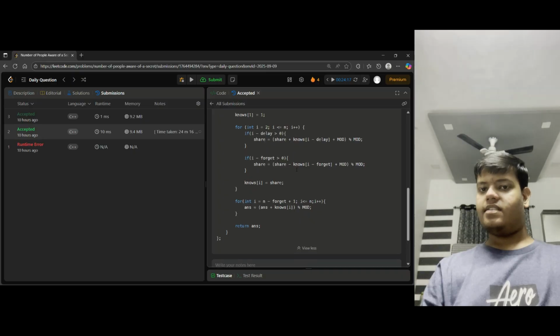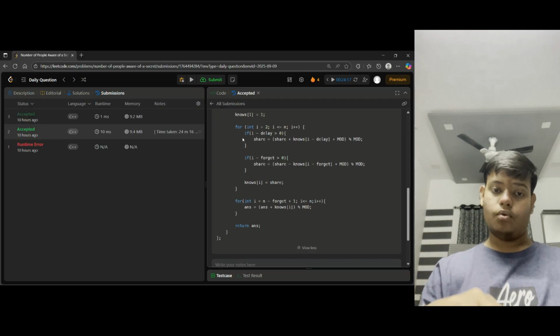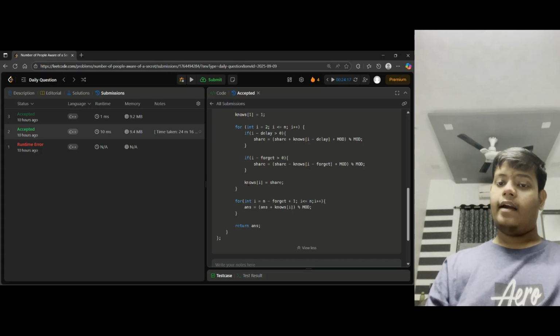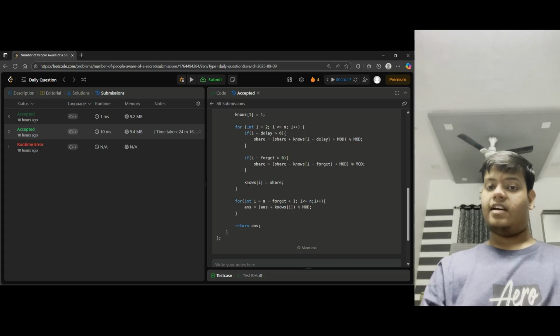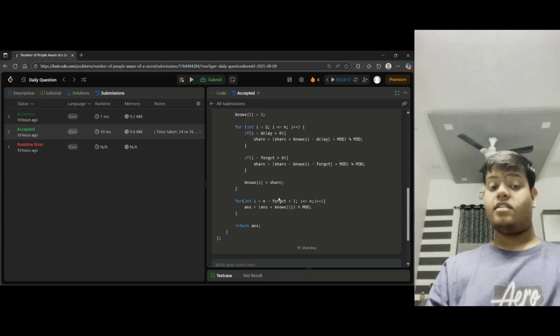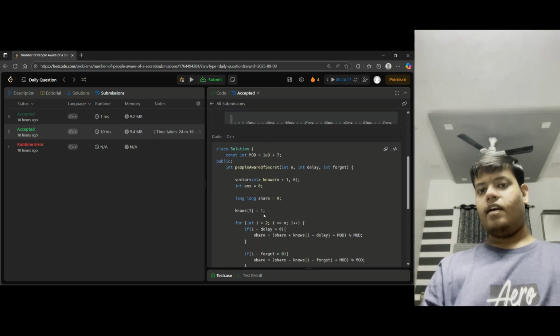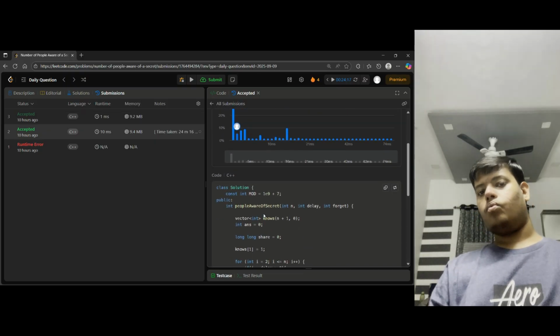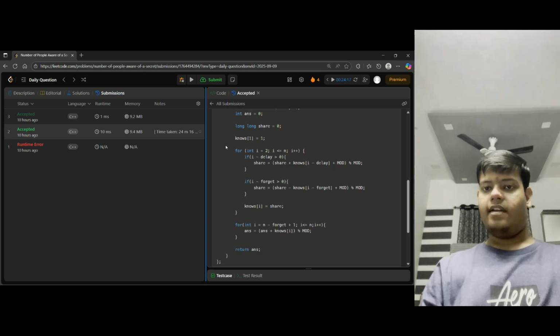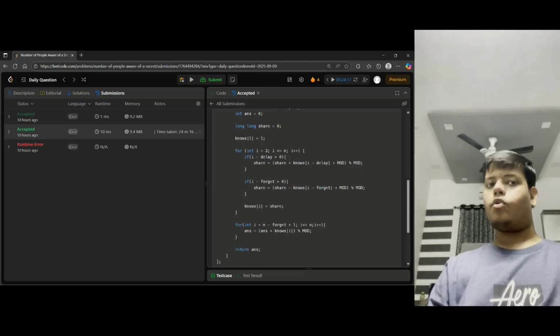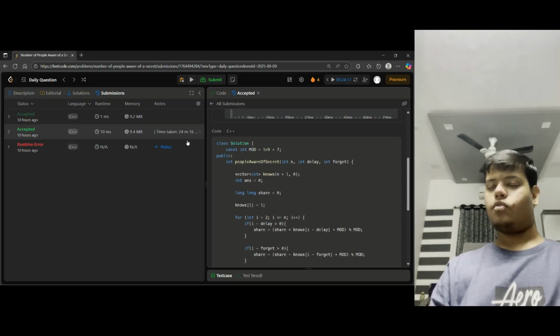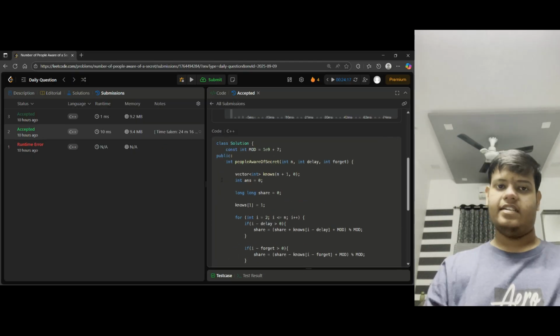After we calculate the sum of the current day, we assign it to knows of i. And again we check the last forget days, since these only are going to contribute to our answer. As we can see, we are not using two nested loops. It is simple order of n, and the space complexity remains as it is.